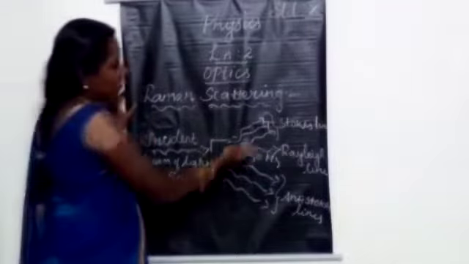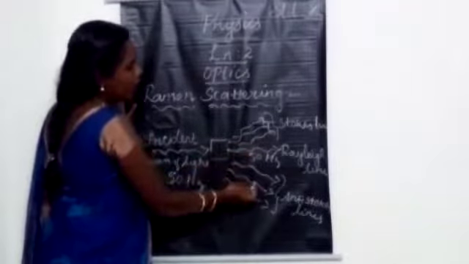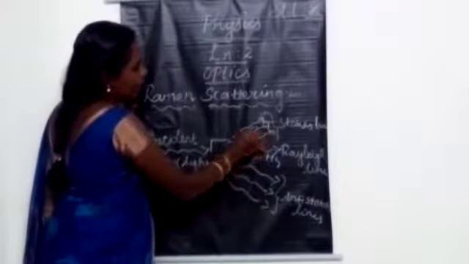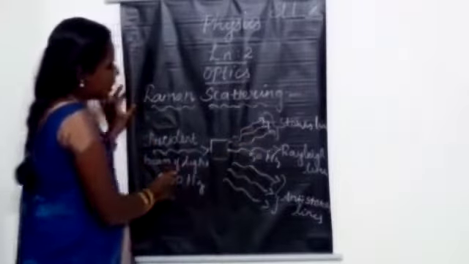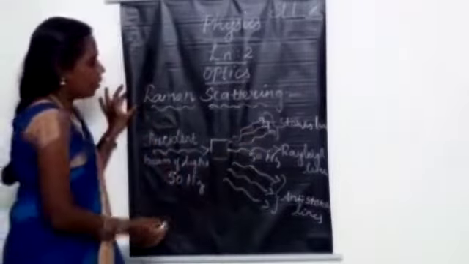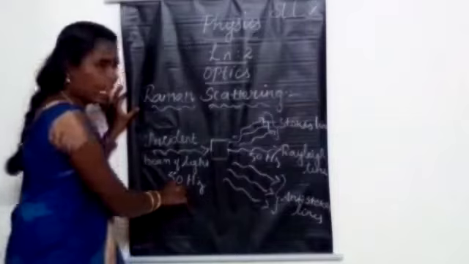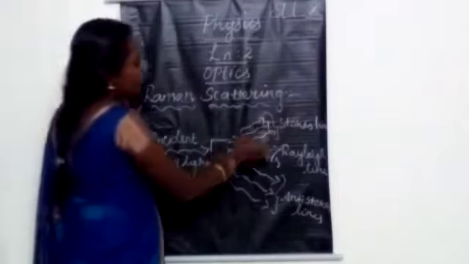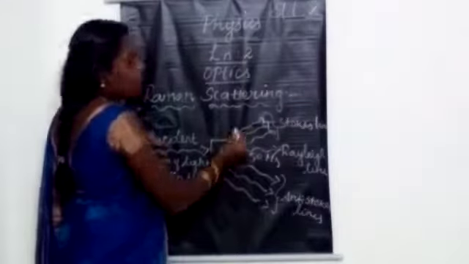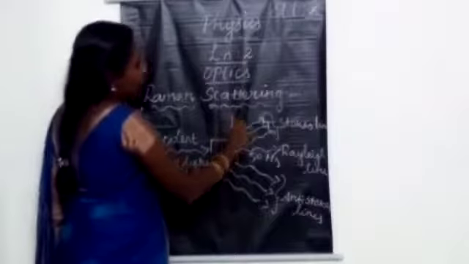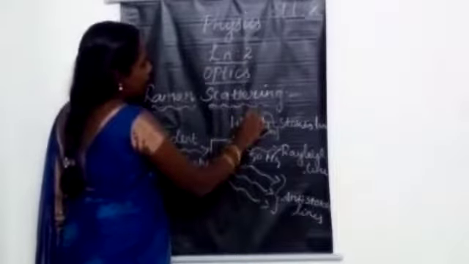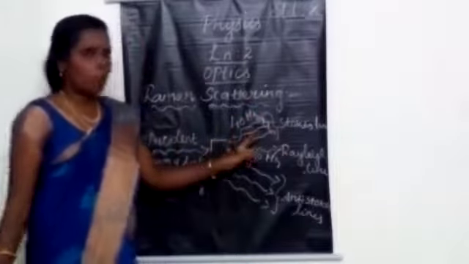Then we can also see different lines here. These lines have a frequency lower than that of the incident beam of light. For example, the incident beam of light is 50 Hz, and in these lines the frequency will be 40 or below, 30 Hz, like this. That is called the Stokes lines.